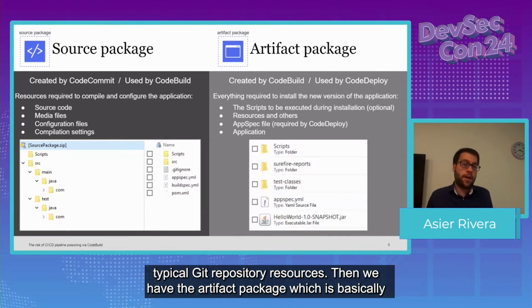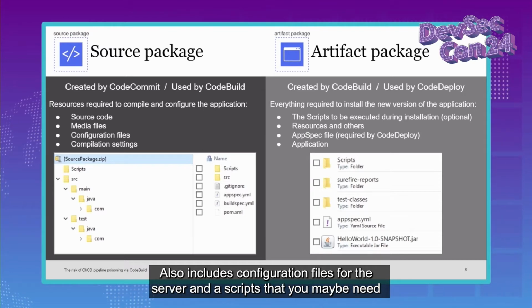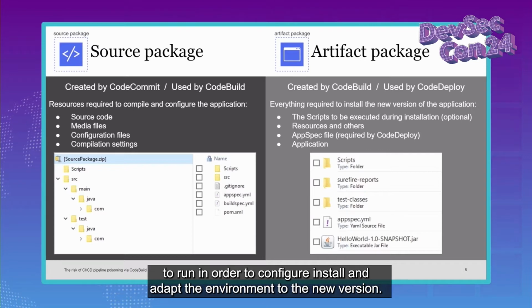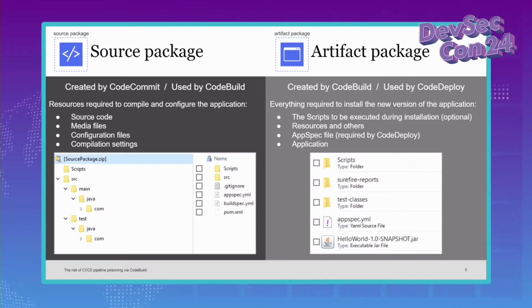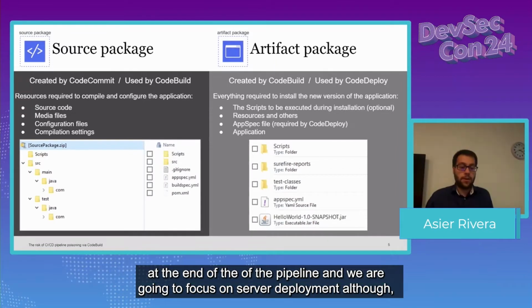Then we have the artifact package, which is basically the output of CodeBuild, and it contains the application bundle already ready for deployment. It also includes configuration files for the server and scripts that you maybe need to run in order to configure, install, and adapt the environment to the new version. And this artifact package is used by CodeDeploy in order to install this application at the end of the pipeline.